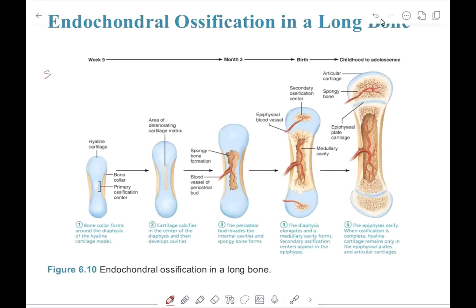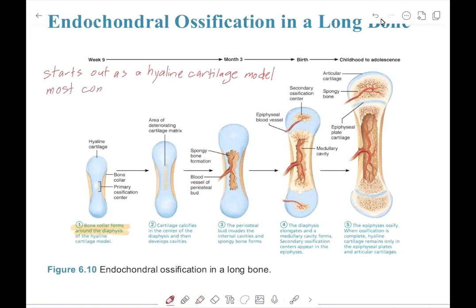So endochondral ossification is going to start out as a hyaline cartilage model. So that's what we basically see in number 1 here. There is a bone collar that forms around the diaphysis. And again, it's the most common.